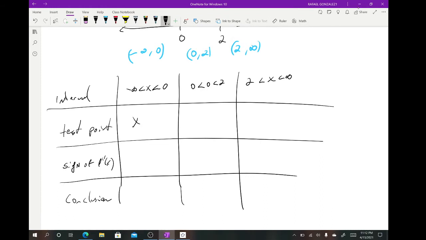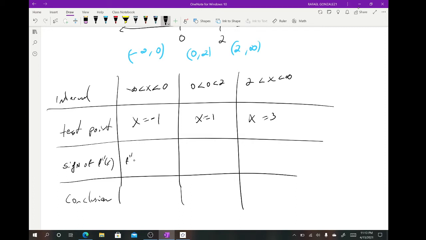A value less than 0 but bigger than minus infinity: x equals negative 1 is one of those. You can pick any negative point. Between 0 and 2, just pick x equals 1 for simplicity. And bigger than 2, we're going to pick 3. Make our life simple.